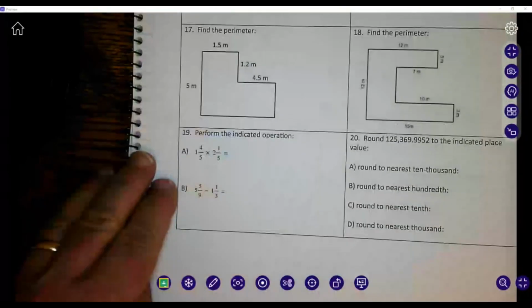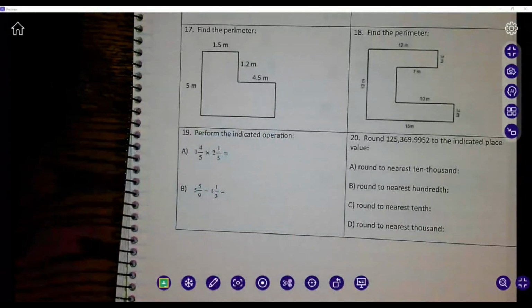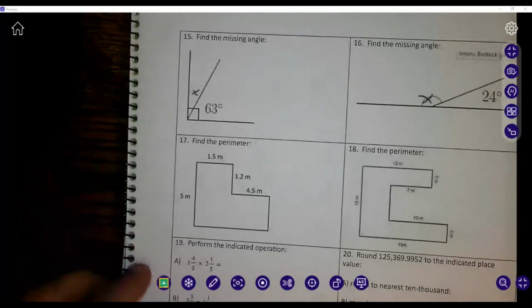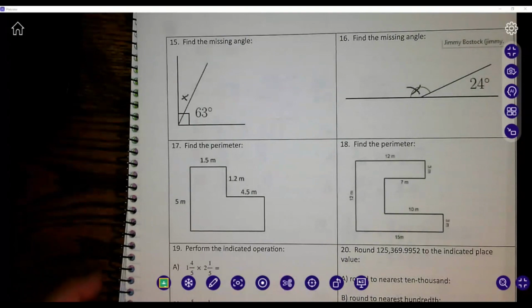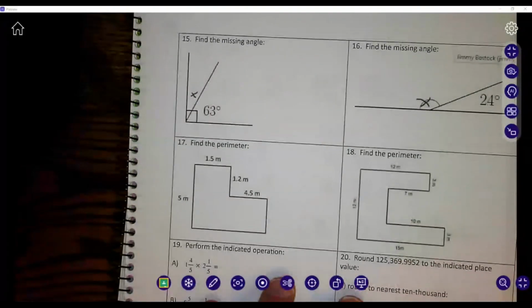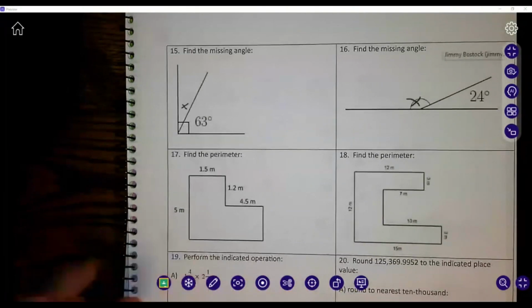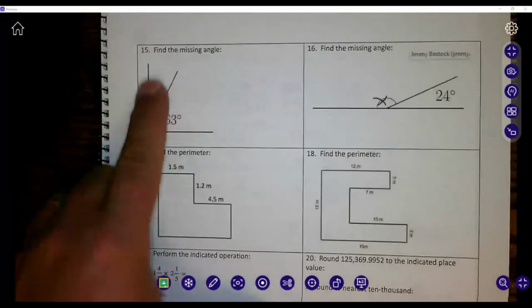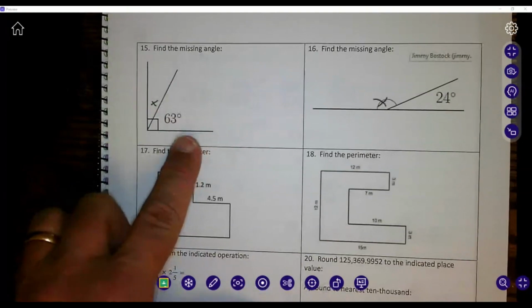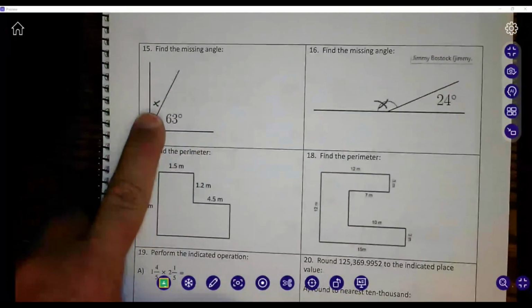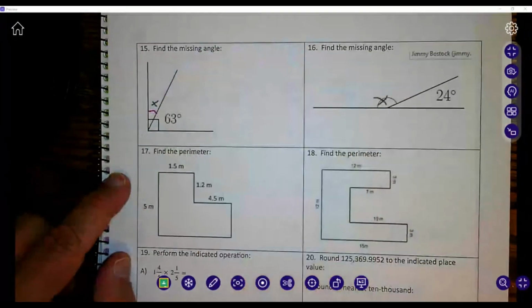Okay. The last page, number 15. I want you to tell me what the missing angle is. And we're going to be doing tons of this. So you will get lots of extra practice, lots of it. Look at this image and see if you can determine what the missing angle would be.